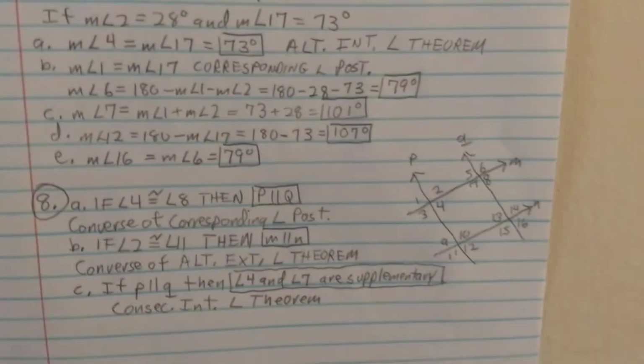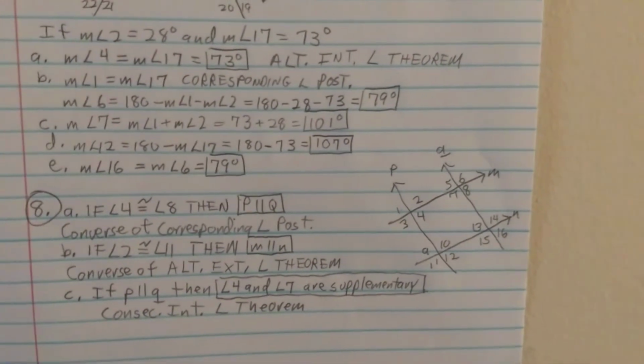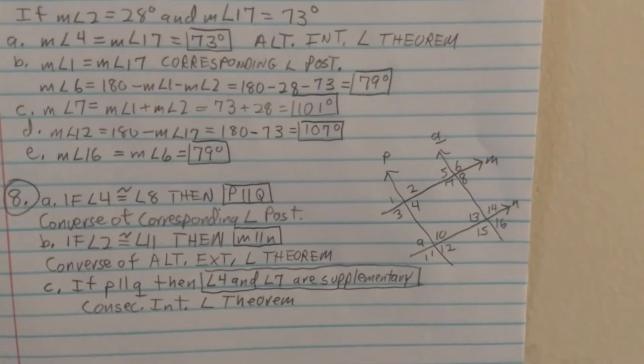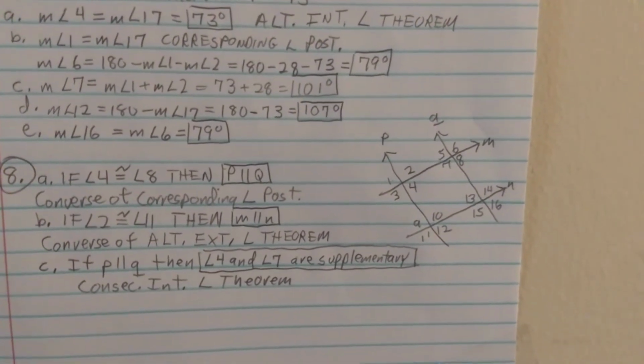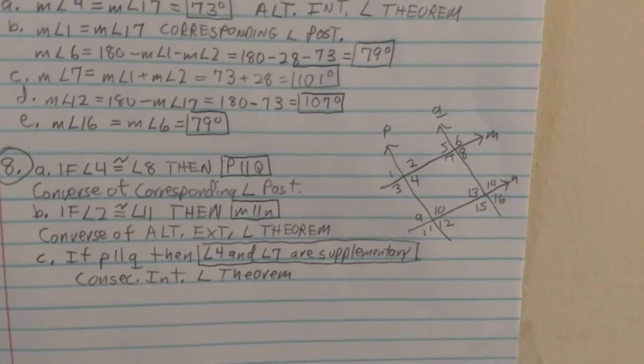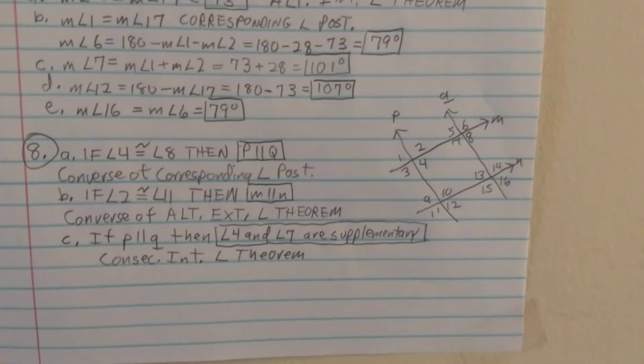Okay, now in 8 we have P and Q. We're asked: if angle 4 is equal to angle 8, then P is parallel to Q because of the converse of the corresponding angle postulate.